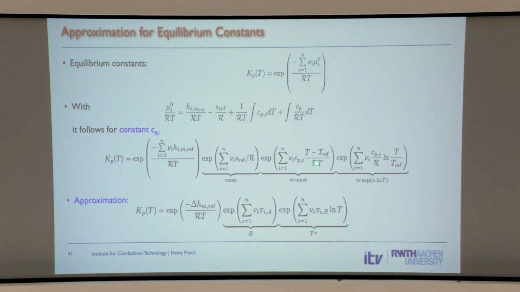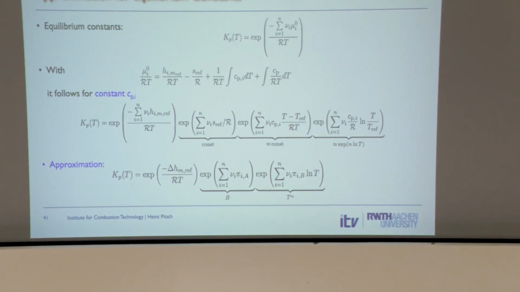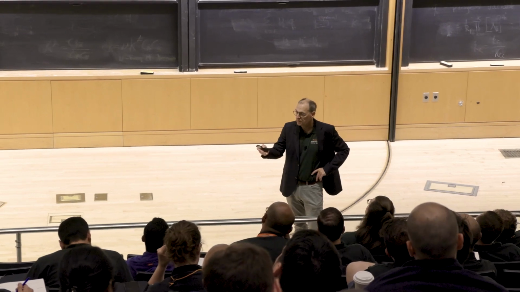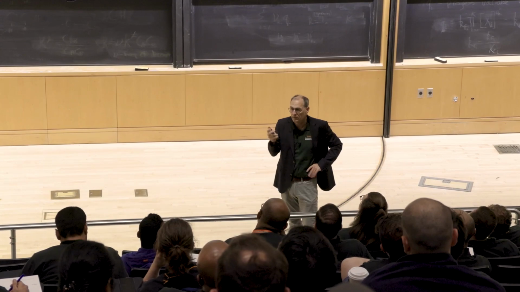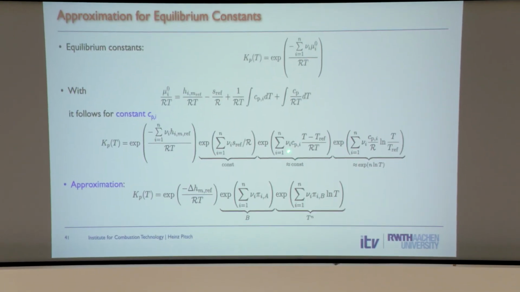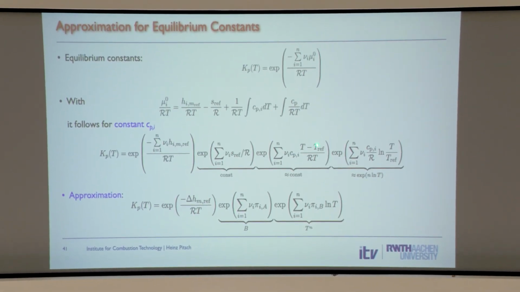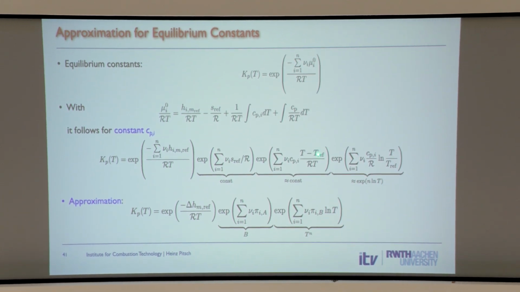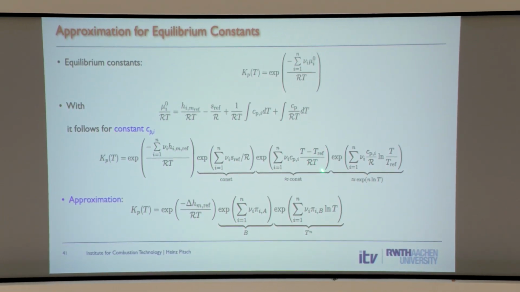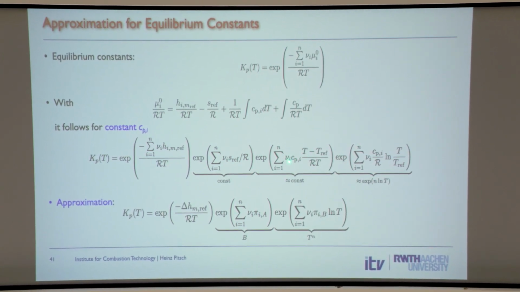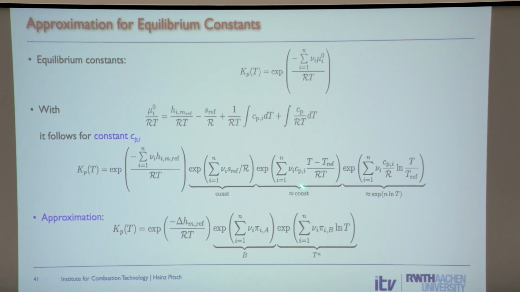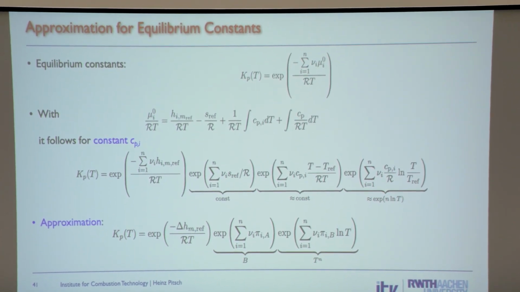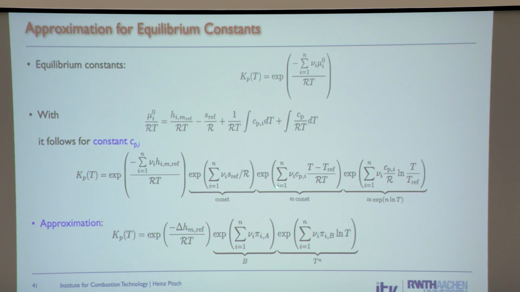And T minus T reference divided by RT, if I assume that the temperatures we're interested in, combustion temperatures, are much larger than the reference temperature, which typically is like 300 Kelvin or 298, then I can neglect T reference, and then you see the temperature cancels out. And then this term also is just nu times Cp divided by R. So this is roughly equal to a constant, as an approximation.